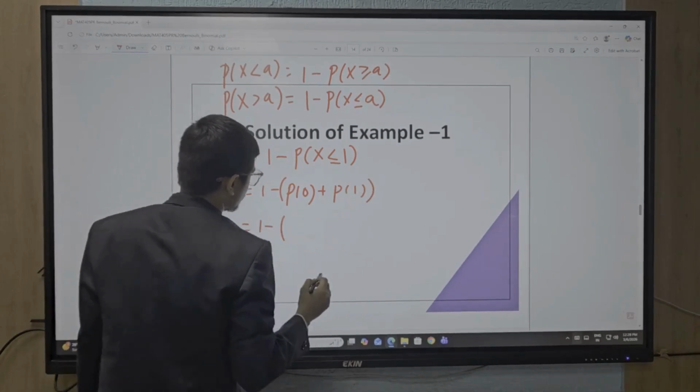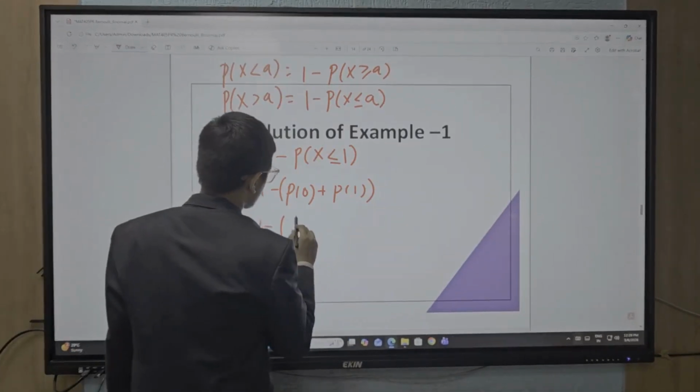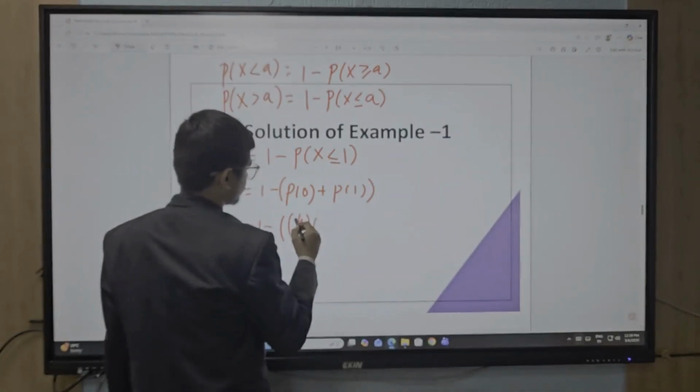So 1 minus P of 0, where X equal to 0, means 4C0.